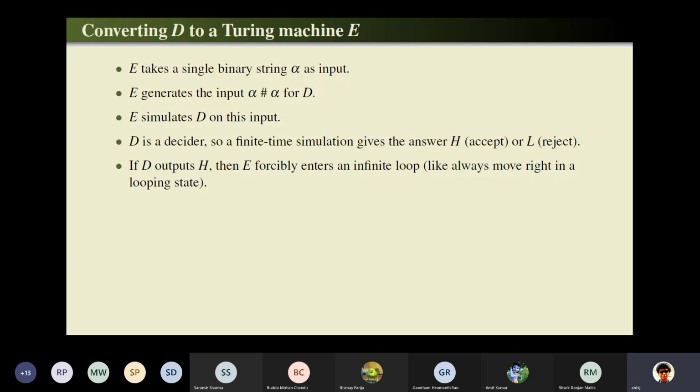Whatever you see, you keep on moving right in some non-halting state, in a looping state. On the other hand, if D outputs L, then E immediately halts. Maybe after accepting or rejecting, that doesn't matter because we are now talking about the halting behavior. So it may accept and halt or reject and halt, but it halts immediately.